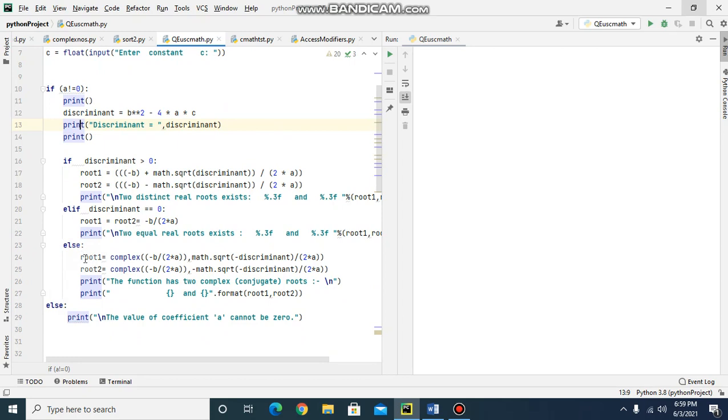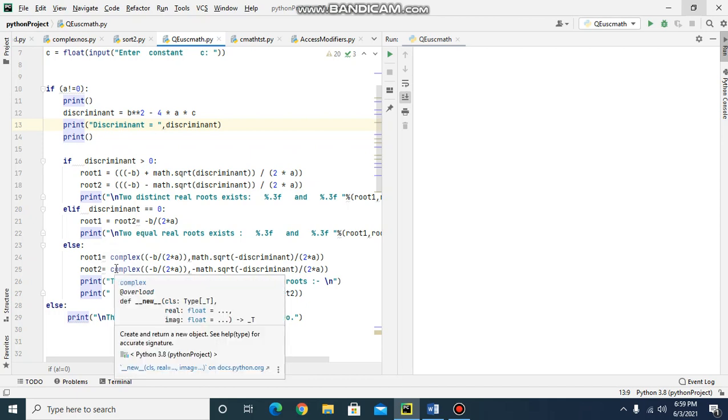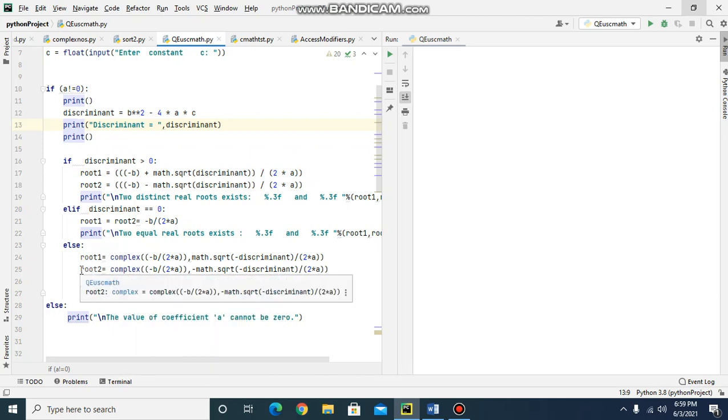in the previous video we were calculating the imaginary part and the real part separately, directly using the formula, and then printing it. But here we are using the complex function instead of that. So this Python complex function is used to convert numbers or string into a complex number. This method takes two optional parameters and returns a complex number.